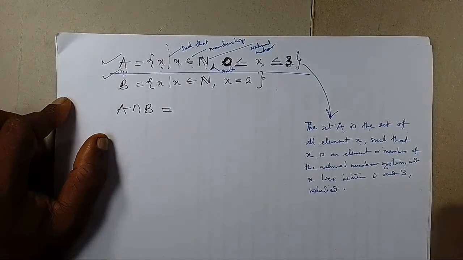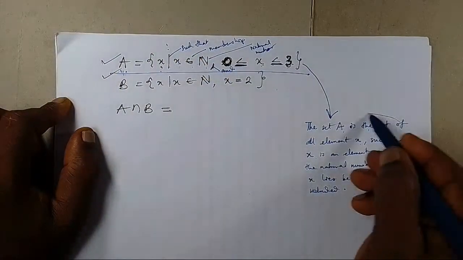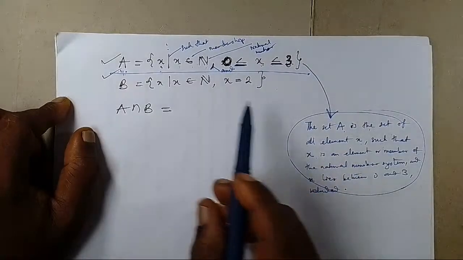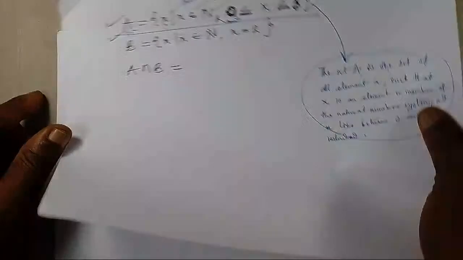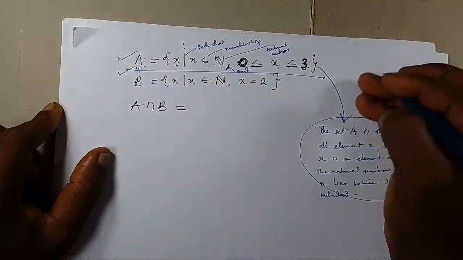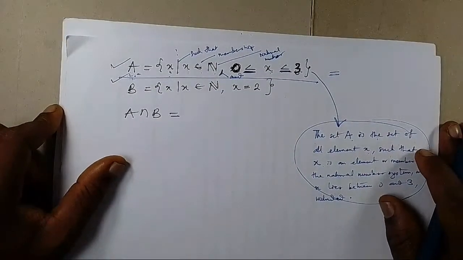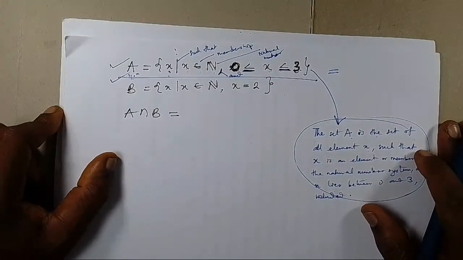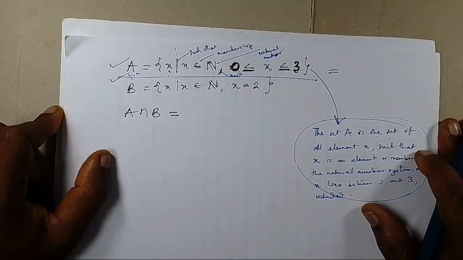You see it? So once you can read set theoretic notation, you can now make sense of what is written here. Now the question is, the x we are looking at must be a natural number. That one is sure. Now the question is, what natural number lies between 0 and 3?